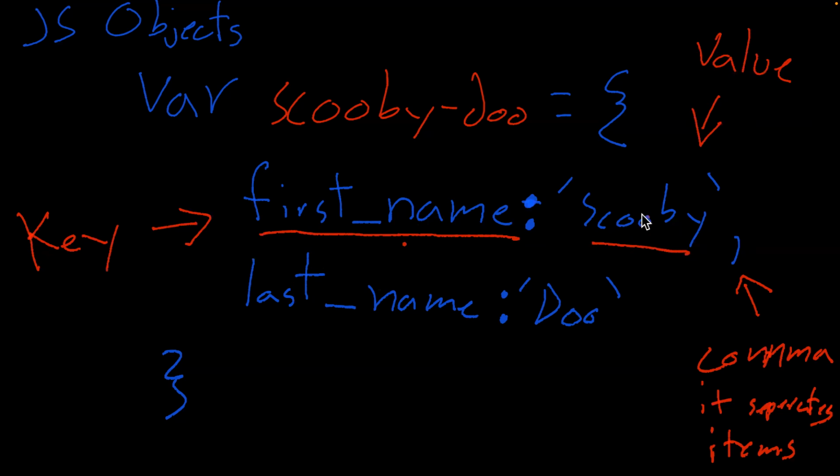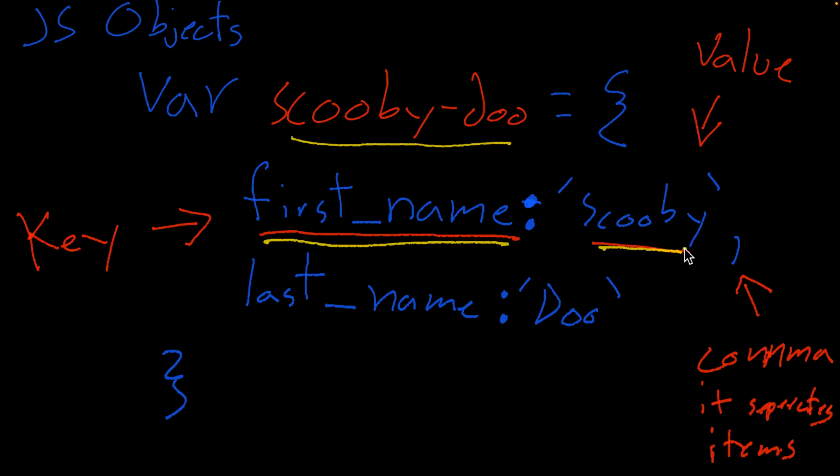Okay, so if we want to access this object here, Scooby-Doo, and we want specific information related to Scooby-Doo, specifically Scooby-Doo's first name, we want to pull this data here that says Scooby.